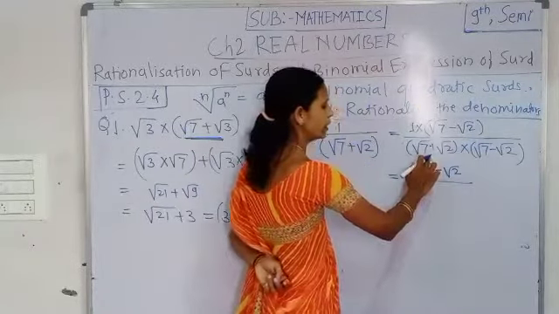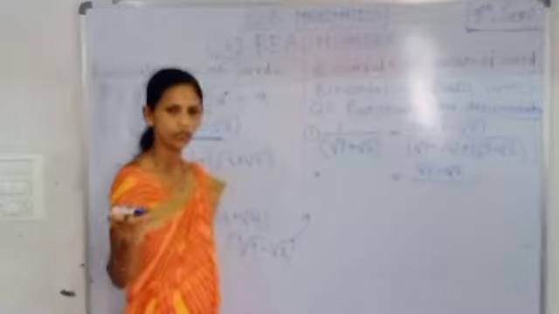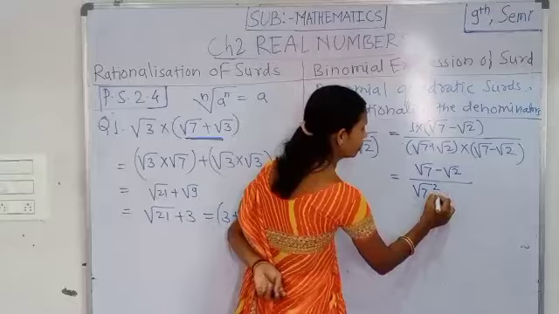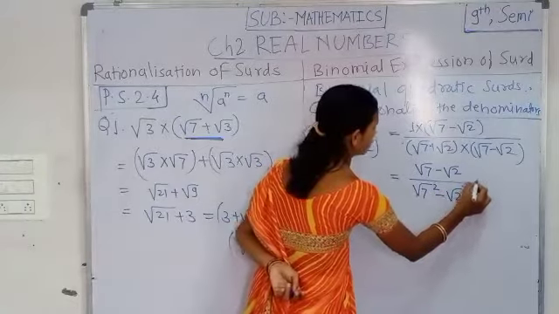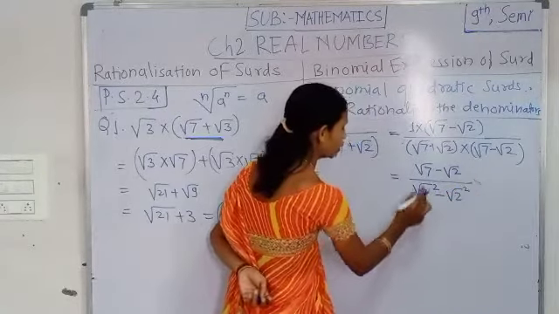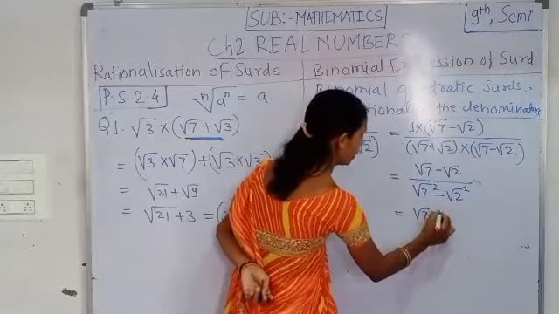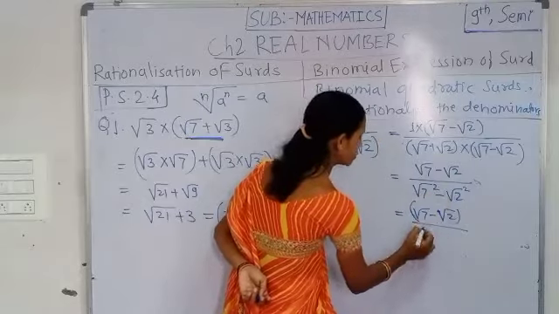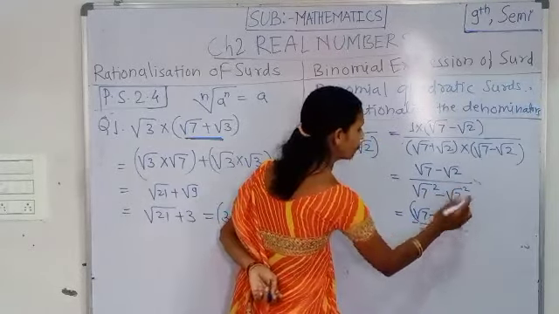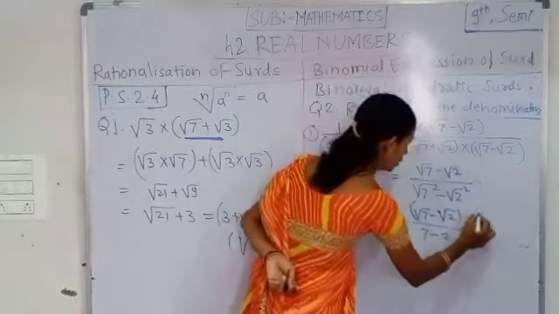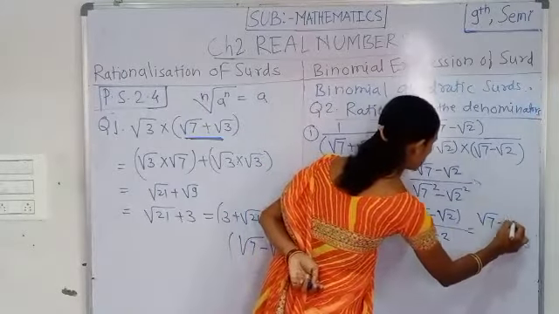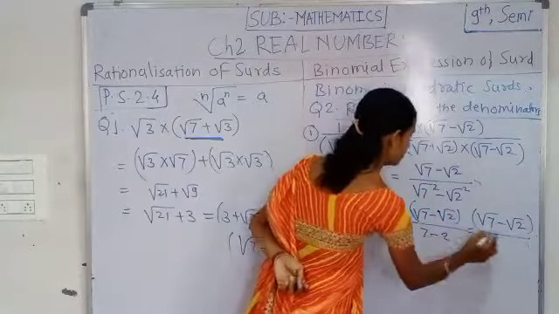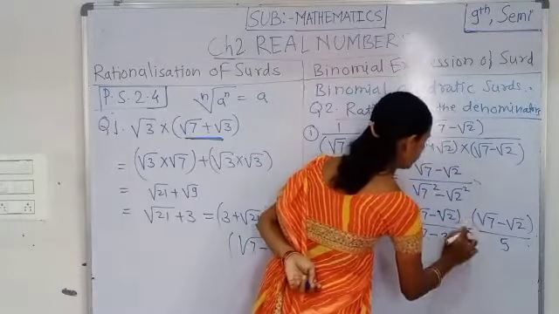That means here it is like a plus b into a minus b. Therefore, we get here root 7 square minus root 2 square. Therefore, here we get root 7 minus root 2 upon root 7 square, that is 7, minus root 2 square, that is 2. Therefore, we get root 7 minus root 2 upon 7 minus 2, that is 5.